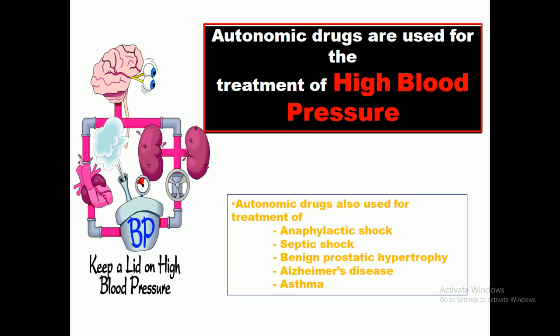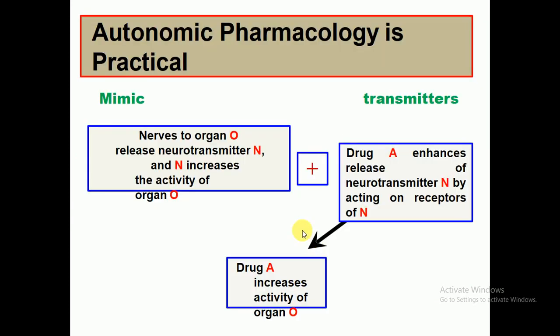So it means that autonomic drugs are used in multiple different clinical conditions. We can use them to keep a lid on high blood pressure. Autonomic drugs are also used for the treatment of anaphylactic shock, which I have mentioned here, and septic shock, and benign prostate hypertrophy, in Alzheimer's disease and asthmatic patients.